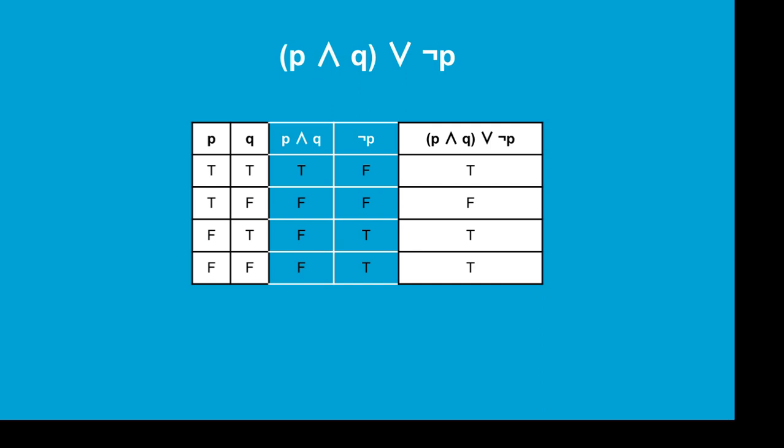So I take this value, P and Q, and I OR it with not P. So I have true or false, true. False or false, false. False or true, true. False or true, true. Yeah? So you just have to take it one step at a time.